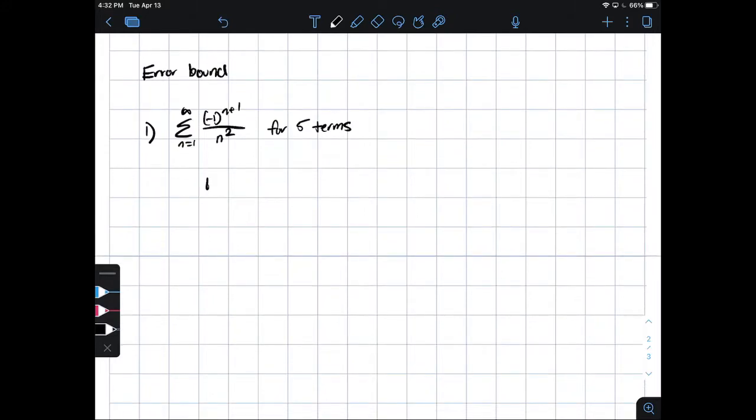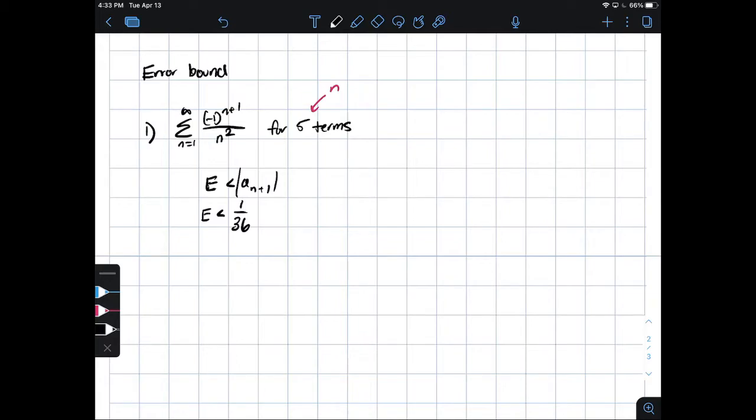If you remember, the error is less than a sub n plus 1. We know n equals 5 because it's given right there, so we just need to find the sixth term. Also remember it's the absolute value, so the negative doesn't matter. The 6th term would simply be 1 over 36. I guess it would be -1 over 36.